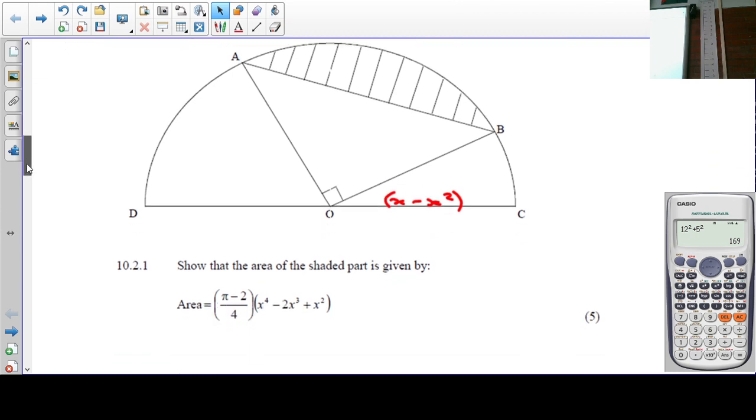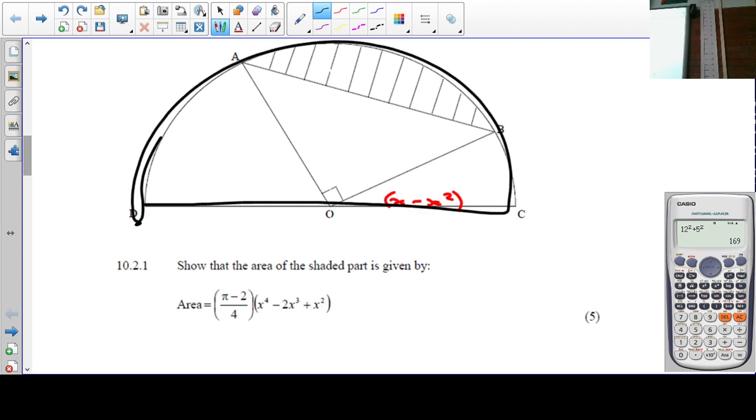The question says, in 10.2.1, show that the area of the shaded part is given by the expression. If you look at the shaded region here, how are you going to calculate it?